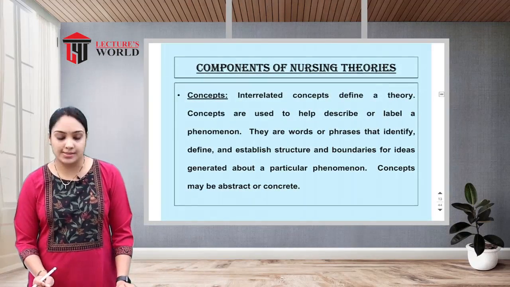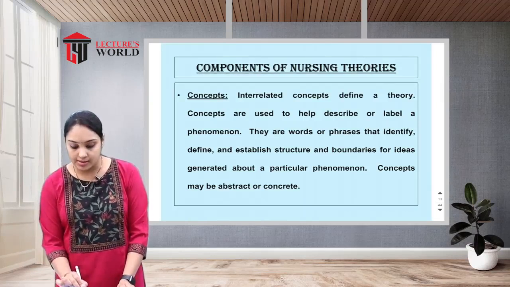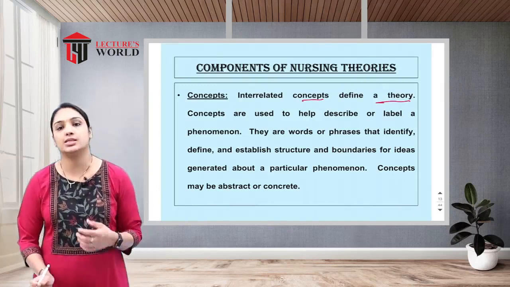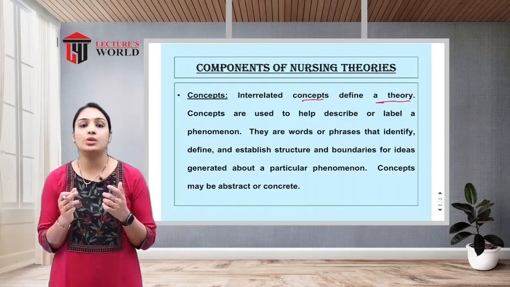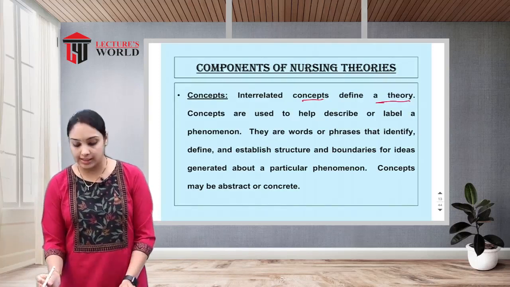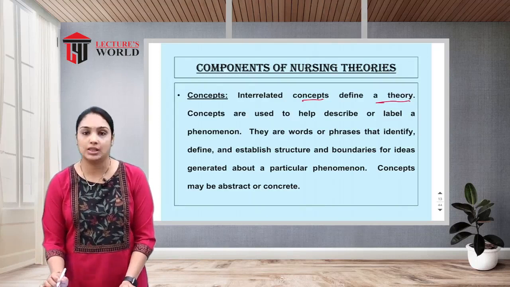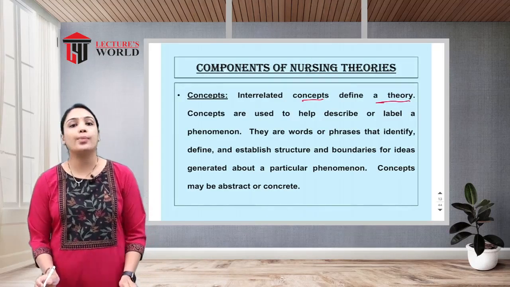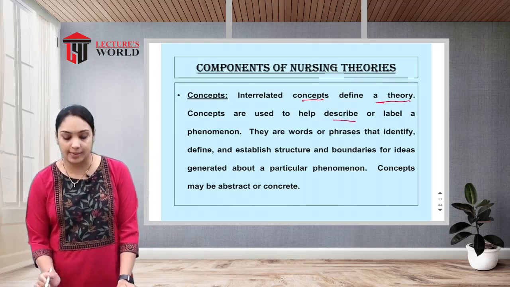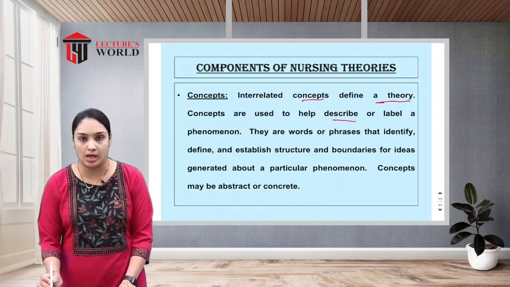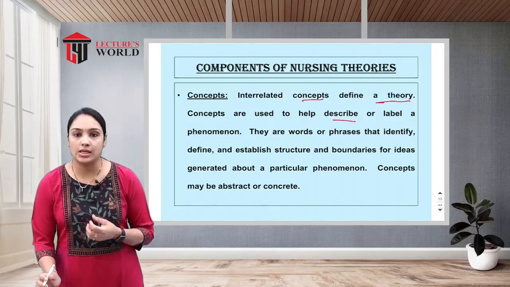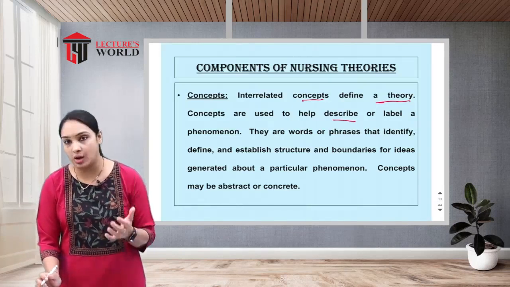Second is the concepts. Interrelated concepts define a theory. In the definition of theory we already discussed that there is a concept showing interrelationships of particular things. So interrelated concepts help to define the theory, and concept is an important component of theory. They are used to help describe or label a particular phenomena, meaning events or situations that have occurred.